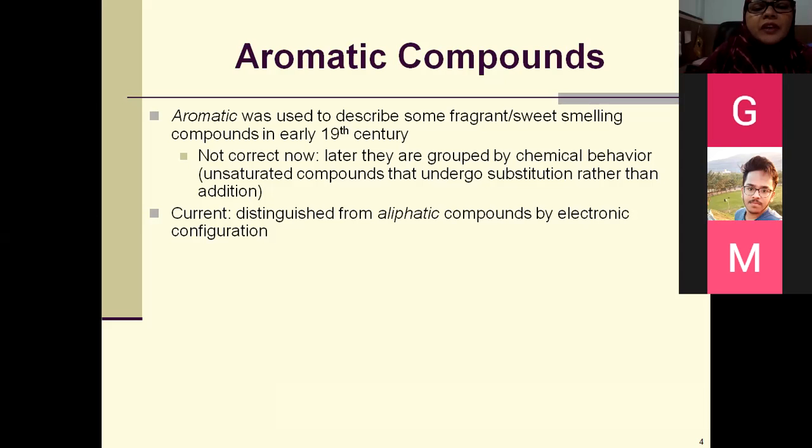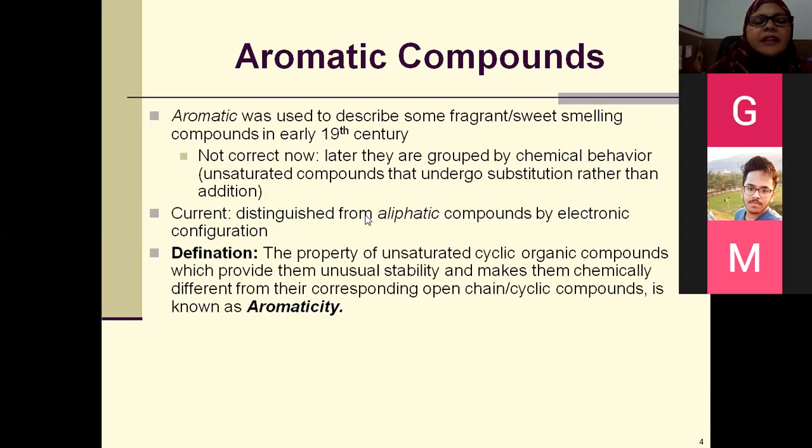So by using all three of these statements, we write the definition: the property of unsaturated cyclic organic compounds which provides them unusual stability and makes them chemically different from their corresponding open chain or aliphatic compounds is known as aromaticity.